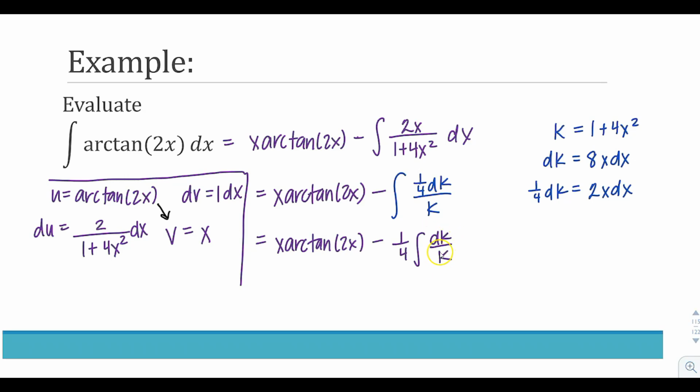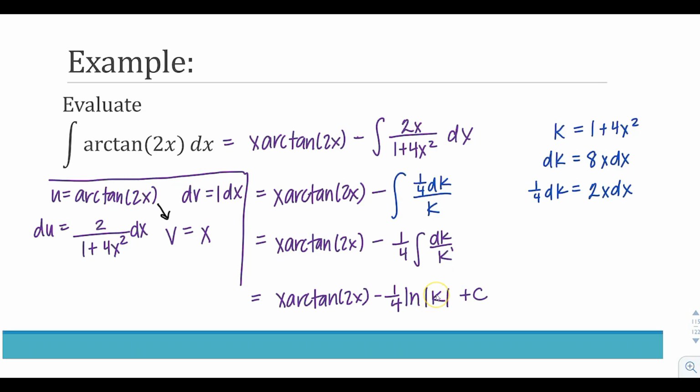So this is going to give us the natural log function, right? It's k to the first power. So we have x arctangent 2x minus 1/4 the natural log of the absolute value of k plus c.